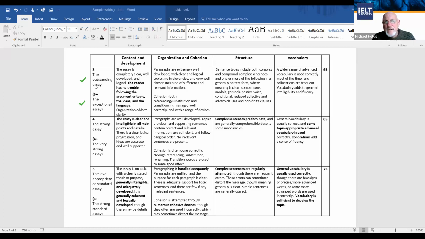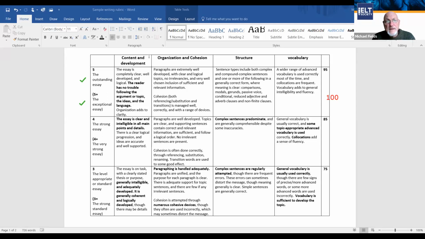So your 5 is outstanding, and your 5+ should rarely be given. That is an exceptional essay. And that would translate, instead of a 95, into 100.